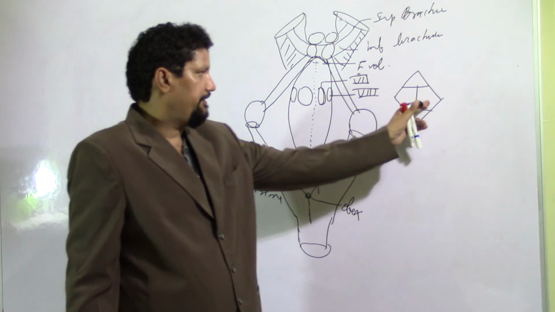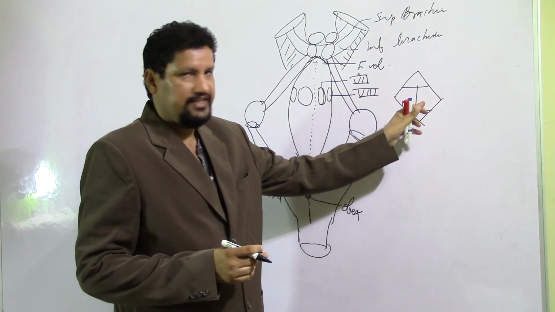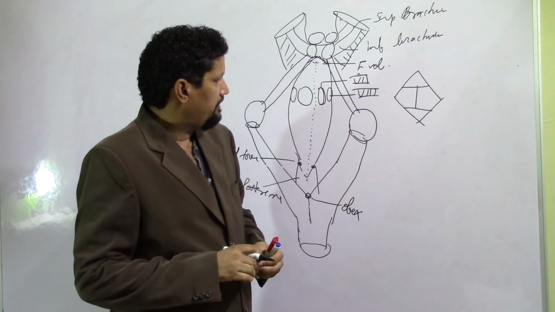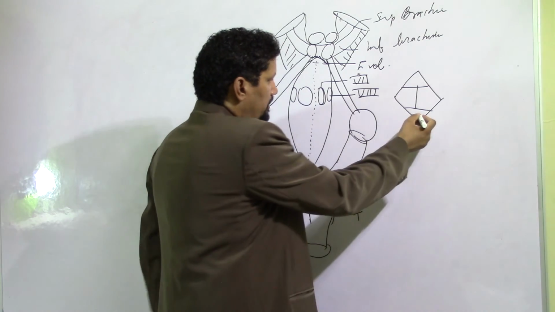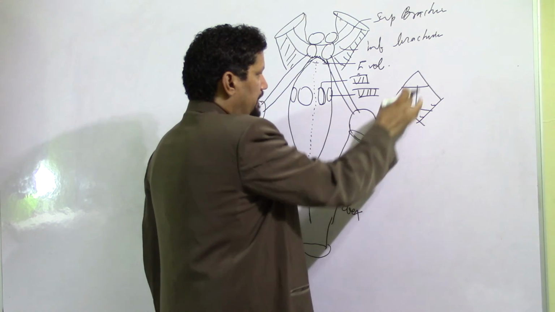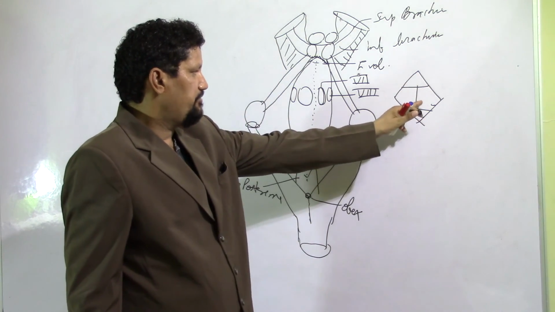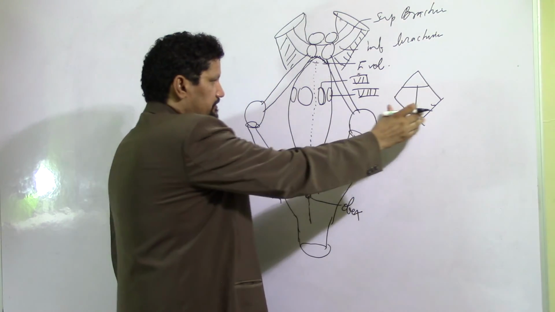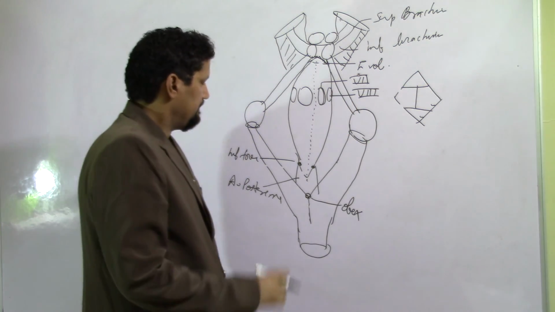The lateral has the largest cells. The inferior and lateral are in the medulla, and the superior and medial are in the pons. So this vestibular nucleus forms the vestibular prominences.